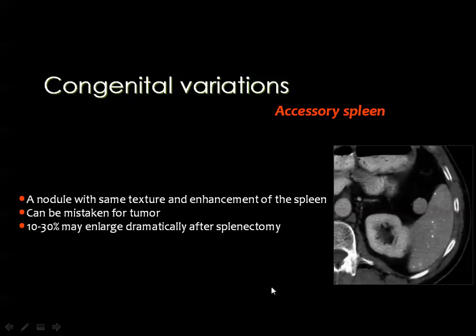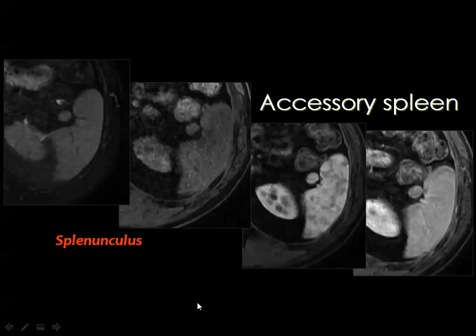In MRI, the splenule will show the same signal intensity as the original spleen in all pulse sequences. One of the major points about the splenule is that after splenectomy, it may become significantly large to replace the site of the removed spleen.